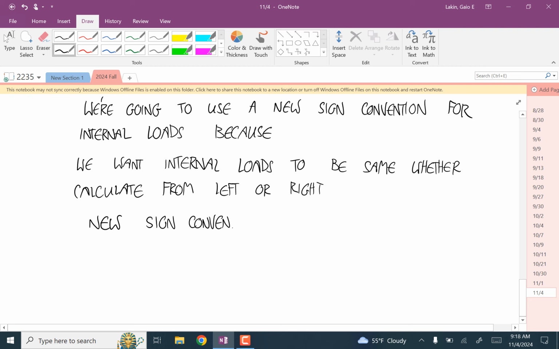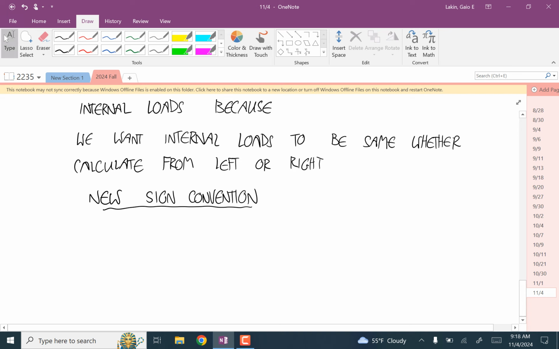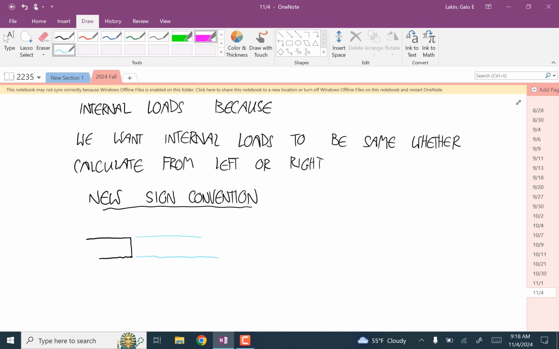If we're working from the left, then we're looking at the point like this. The part that we're ignoring is this. And we're going to call a positive horizontal force this way, and we're going to call it T.